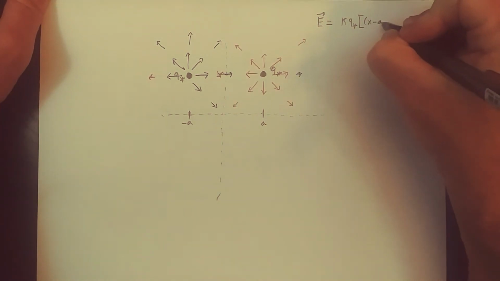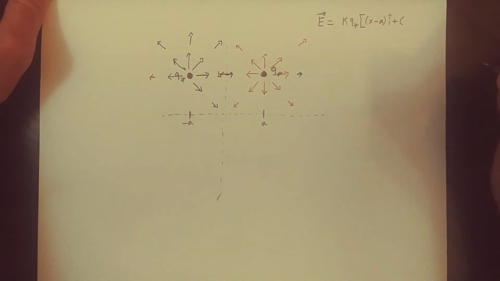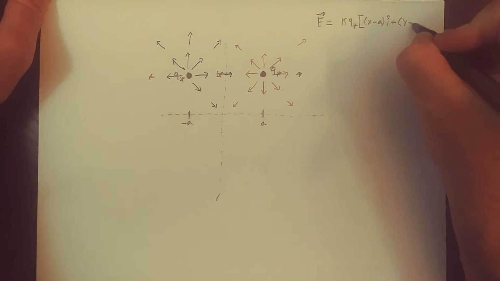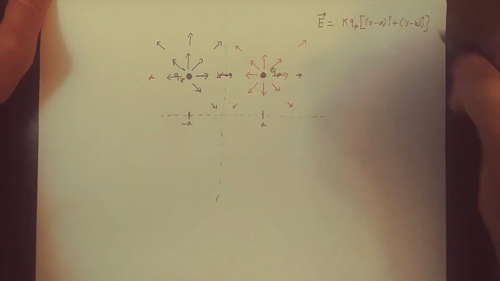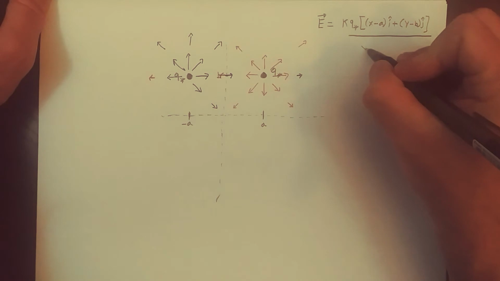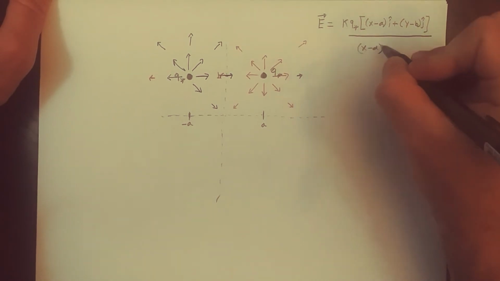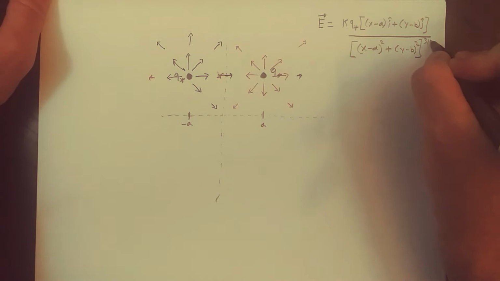So we have x minus a, i hat, plus y minus b, j hat. And we want to divide that by something to the 3 halves. That something involves x minus a squared plus y minus b squared. So that looks like that.